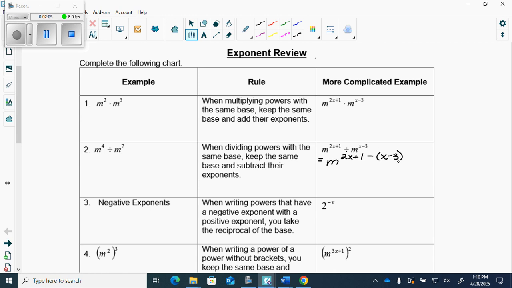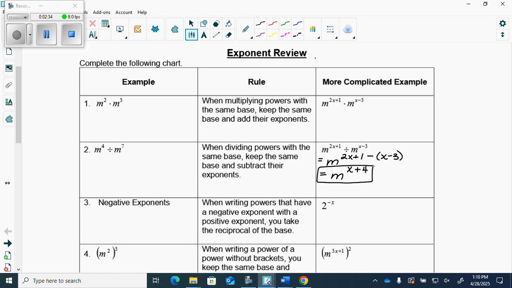You see how we're minusing the whole thing? Do you think they'll have the answer if you just minus the x and not the 3? They will. They'll be wrong. So we get m to the 2x minus x, which is x, and then 1 minus a minus 3, plus 4. Because minus a minus 3 is plus 3, correct? Yeah.